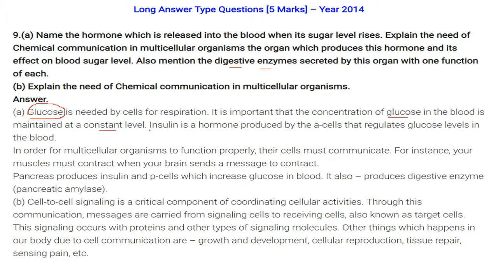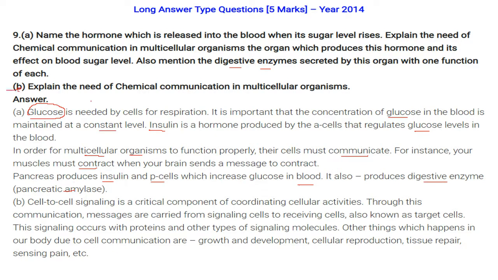Insulin is the hormone that regulates glucose levels in the blood. For a multicellular organism to perform properly, its cells must communicate. For instance, your muscle must contract when your brain sends a message to contract. The pancreas produces insulin, from its beta cells, which decreases the glucose in the blood. It also produces a digestive enzyme, pancreatic amylase.